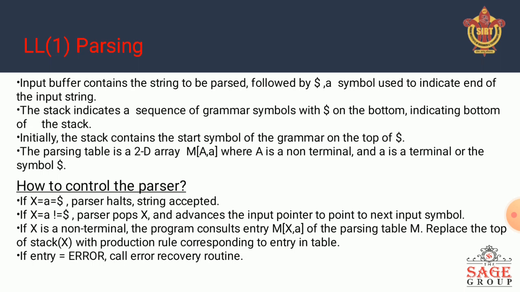If X is a non-terminal, the parser consults the entry of the parsing table and replaces the top of the stack with the production rule corresponding to the entry in the table. If the entry is equal to error, call the error recovery routine. So these rules can be applied for the parsing procedure. Now we use these rules to check whether an example input sentence is valid for the given grammar or not.